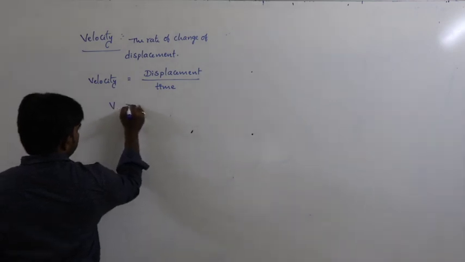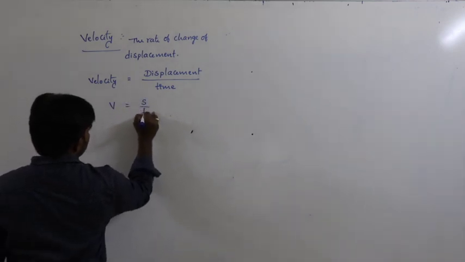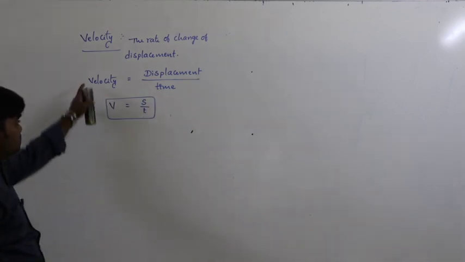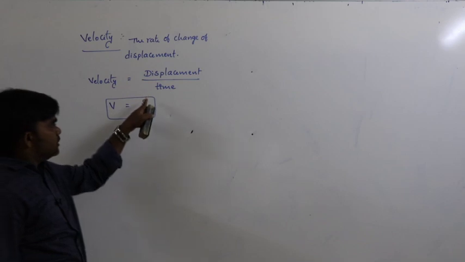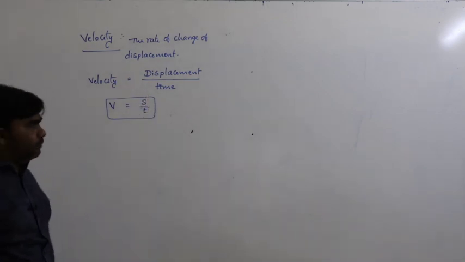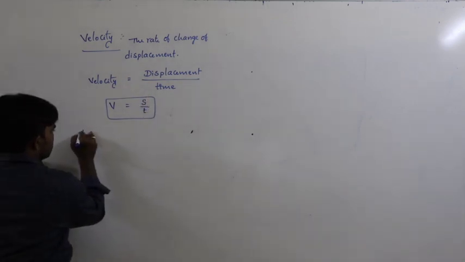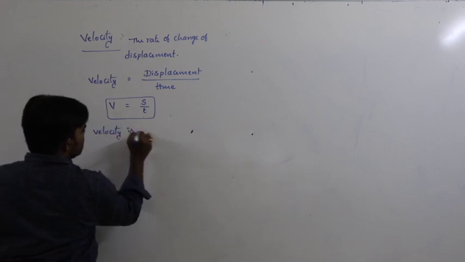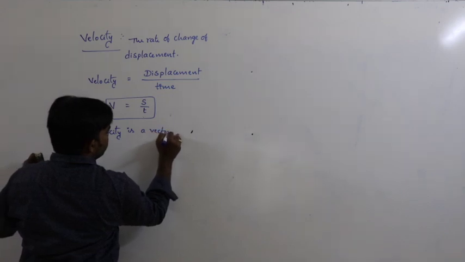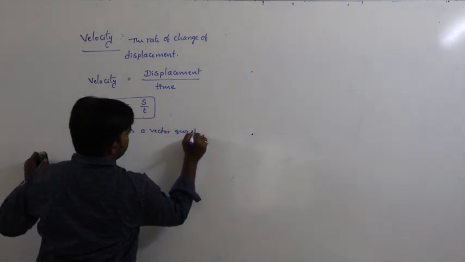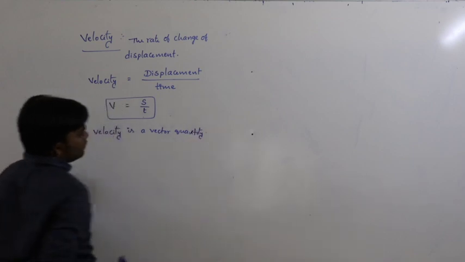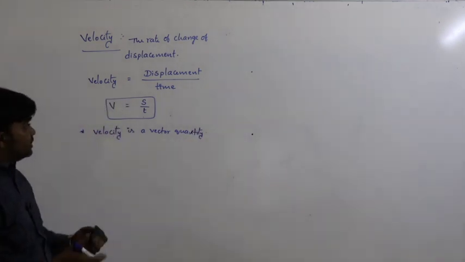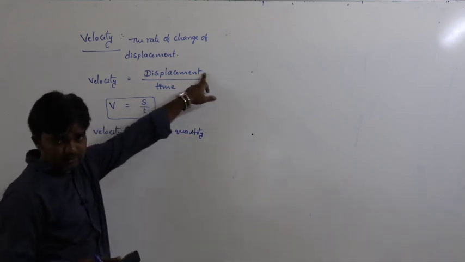In our general representation, velocity is denoted with v and displacement is denoted with s, divided by time. And here the main condition is that velocity is a vector quantity, because displacement is a vector.